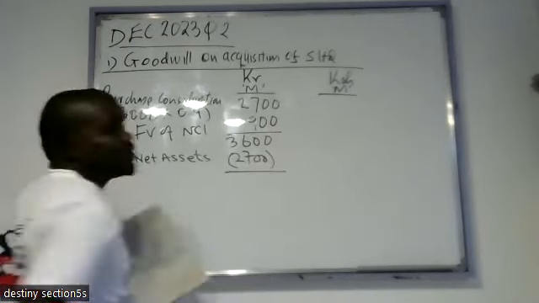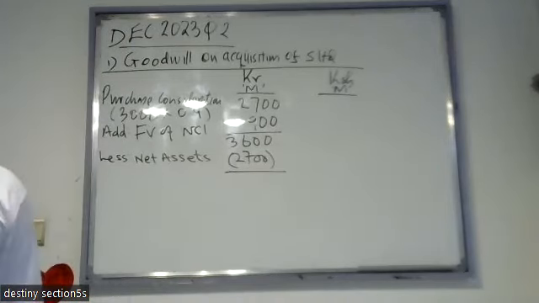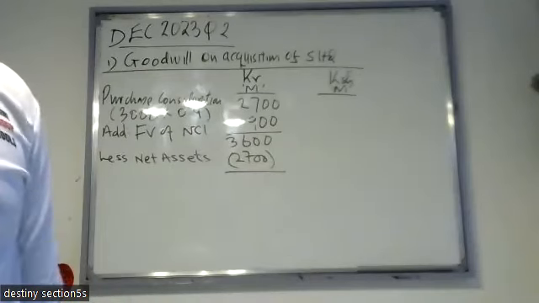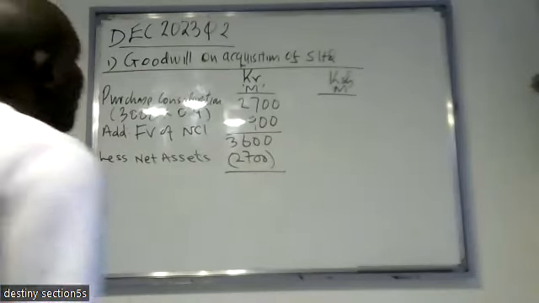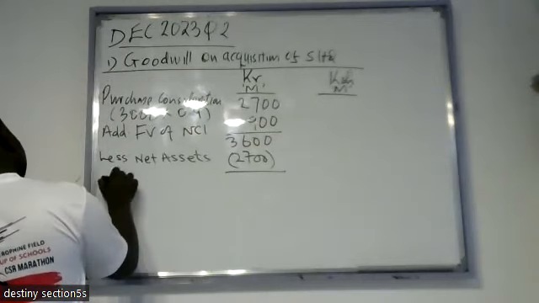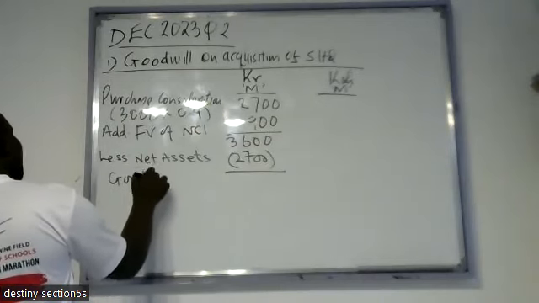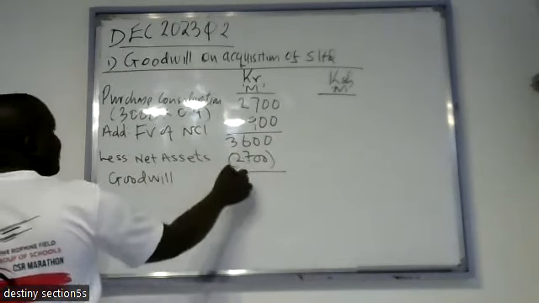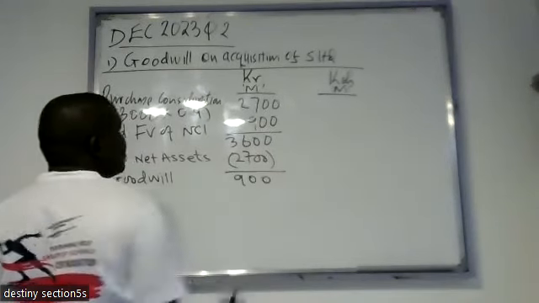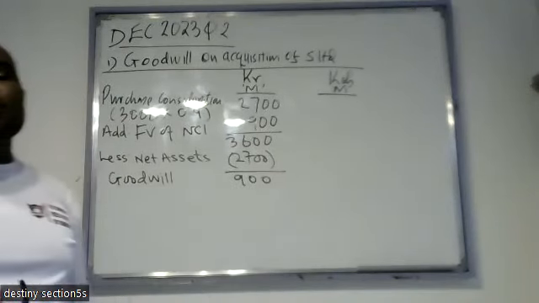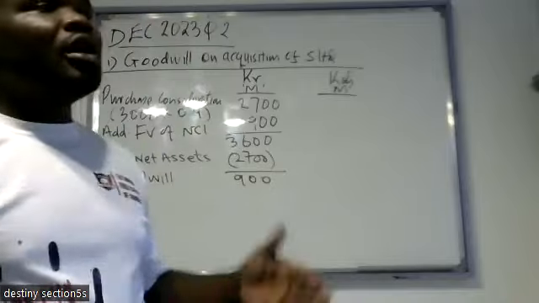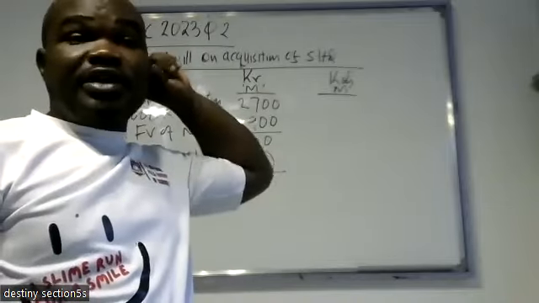So you subtract. And the difference will be goodwill. So goodwill, this one will just be 900. Goodwill is 900. So now, finally, reporting, we are going to report in Kenya shillings.